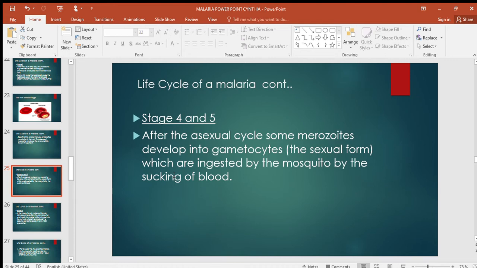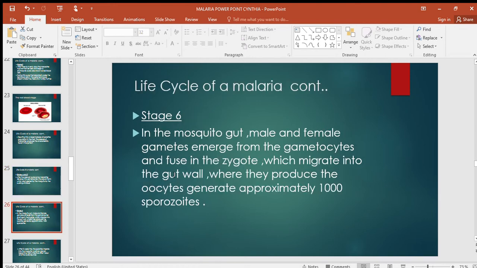This is where some become females, others become males. These are the gametocytes which are going to be sucked in by another mosquito biting the person who is infected with malaria.